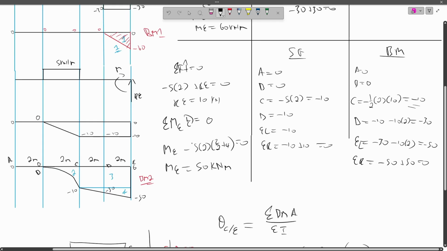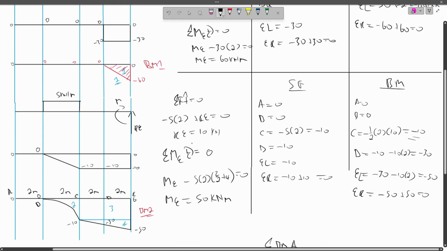Let's bring it over here. Our A1 is a triangle and we have 60.